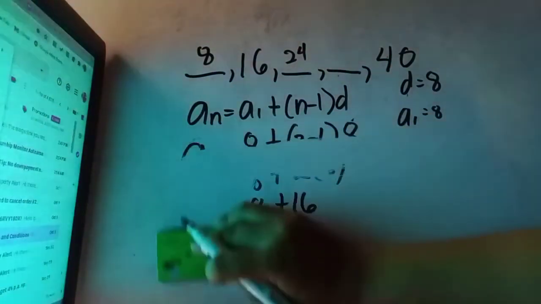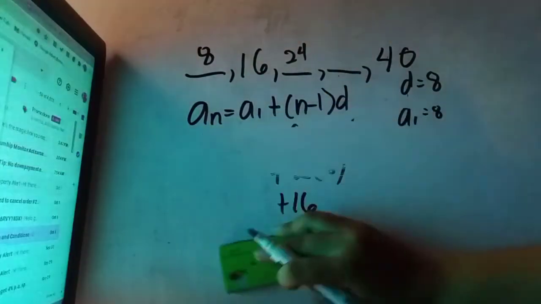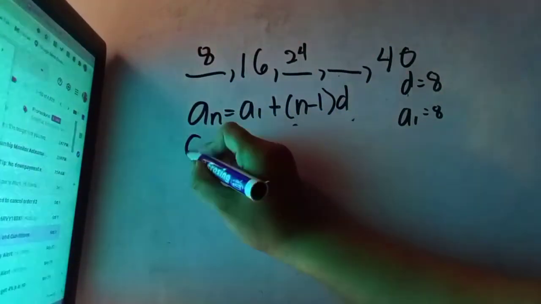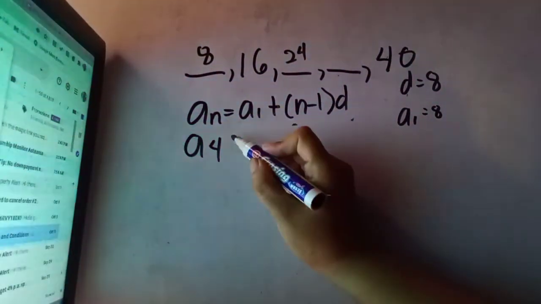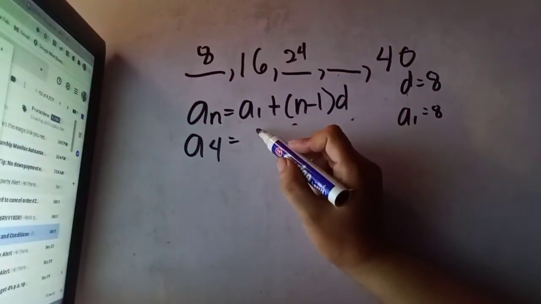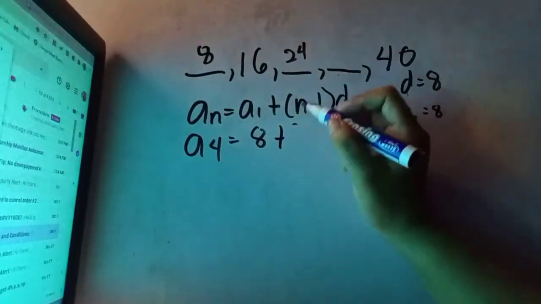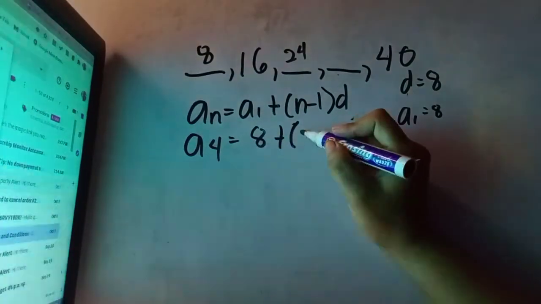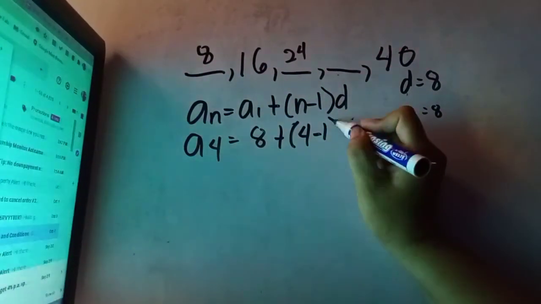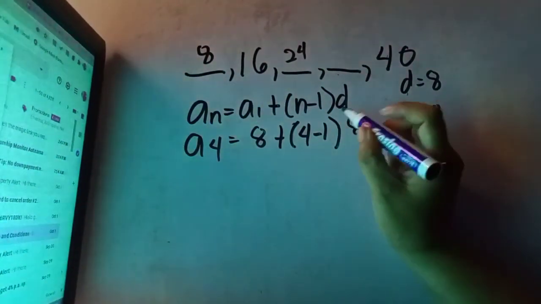Okay, how about the A sub 4? A sub 4 is equal to A sub 1 natin ay 8 plus ang ating N ay 4 minus 1, ang ating D ay 8.